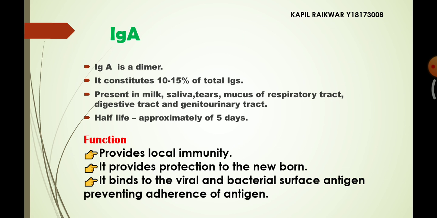In serum, it acts as a monomer. In external secretions, it acts as a dimer called secretory immunoglobulin. Its functions are: it provides local immunity, it provides protection to the newborn, and it binds to viral and bacterial surface antigens, preventing adherence of the antigen.